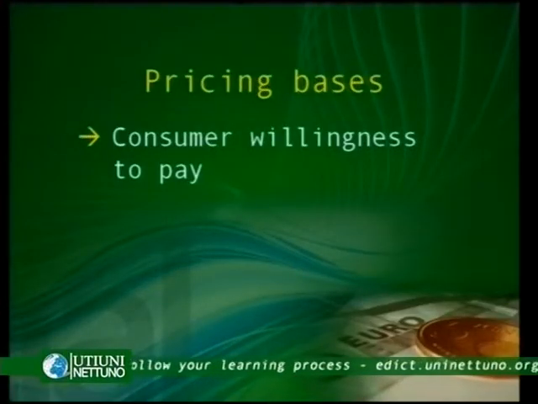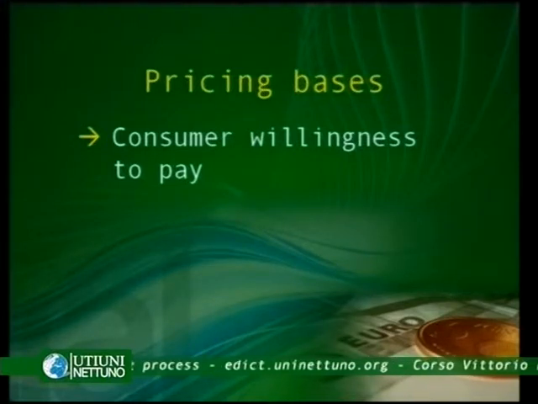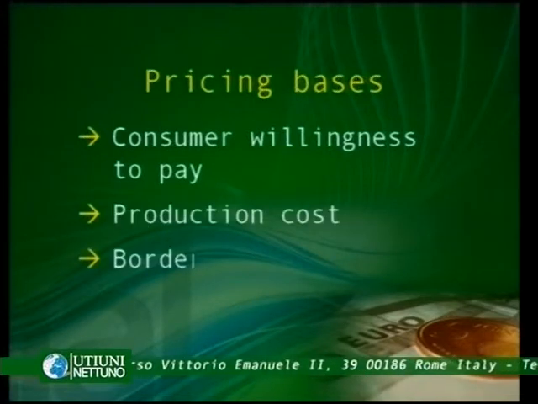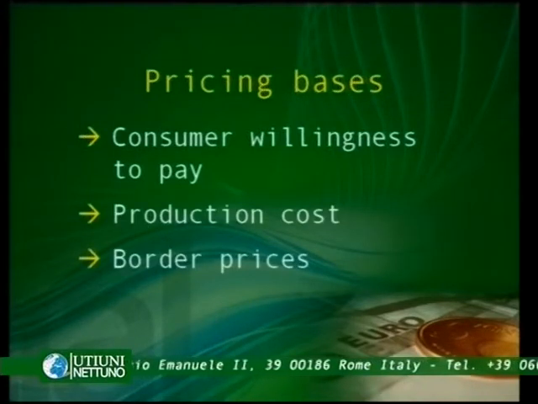As concerns the pricing basis for economic pricing, we can distinguish at least three main approaches that we define as consumer willingness to pay, production costs, and border prices. Consumer willingness to pay refers to the willingness to pay of the consumers for a given output.